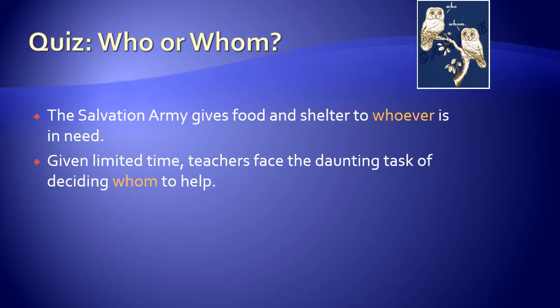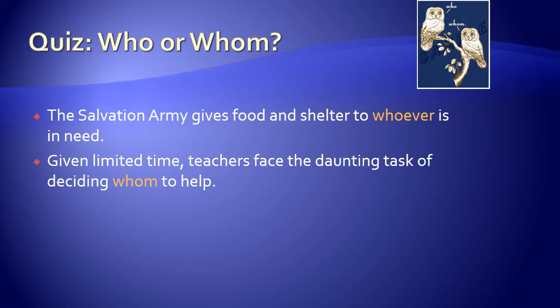Whoever is correct because the preposition to introduces a noun clause which begins with whoever. And so the preposition introduces not just a personal pronoun, but an entire noun clause that begins with whoever.